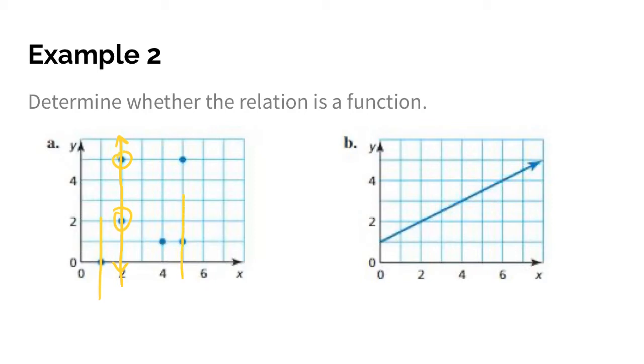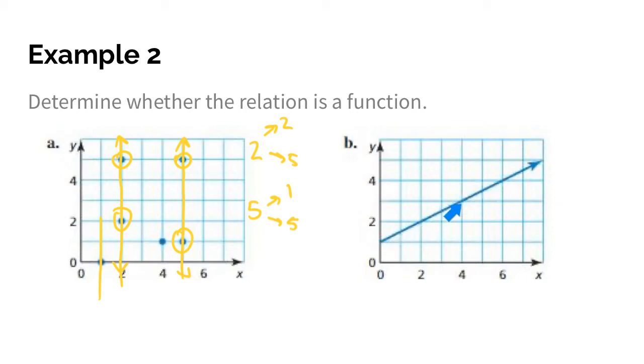Same thing if I draw it through not 2, but 5, it hits twice. So the inputs of 2 and 5 have 2 outputs: for the input of 2 the outputs would be 2 and 5, and for the input of 5 they would be 1 and 5. So notice those 2 inputs have more than one output.